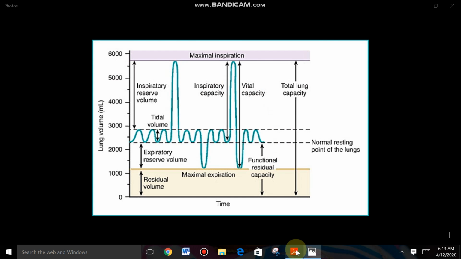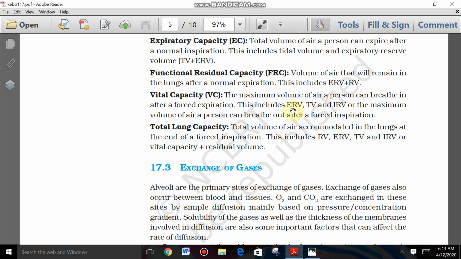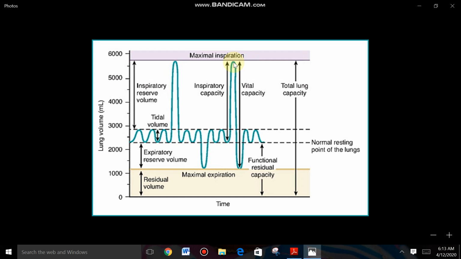So one more definition is also given. Here it is already given: it includes ERV plus TV plus IRV. Okay, one more statement: the maximum volume of air a person can breathe out, meaning exhale, after a forced inspiration. What is the forced inspiration point? This is the forced inspiration point.